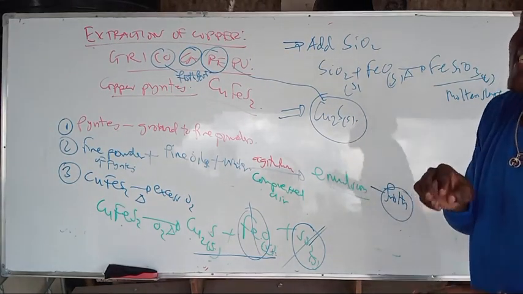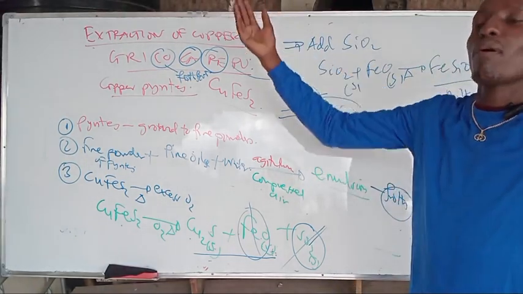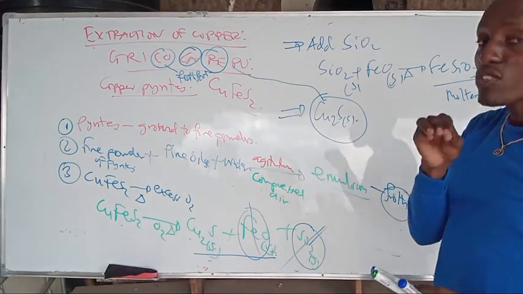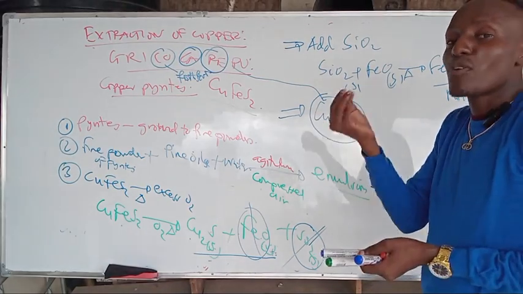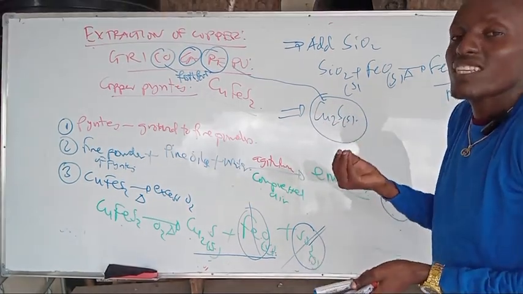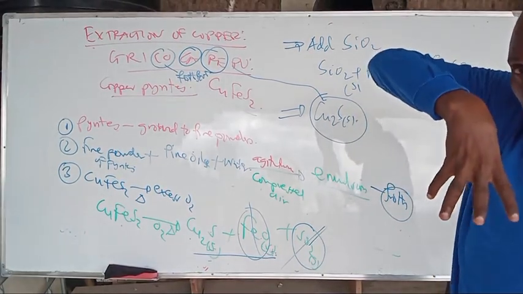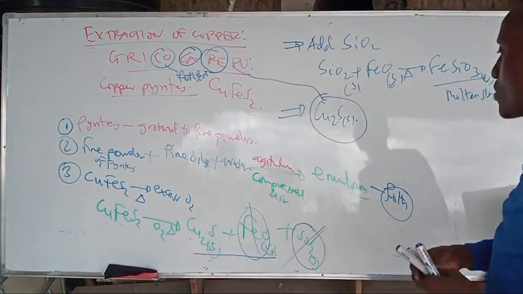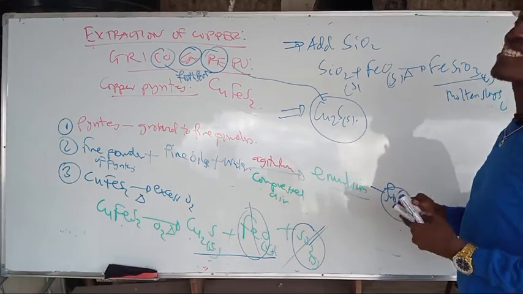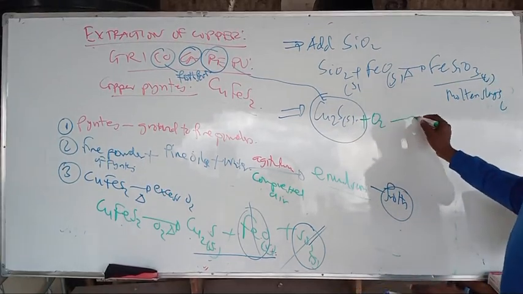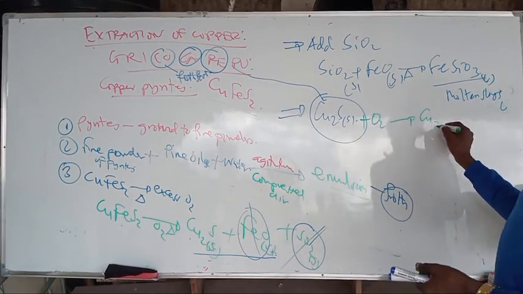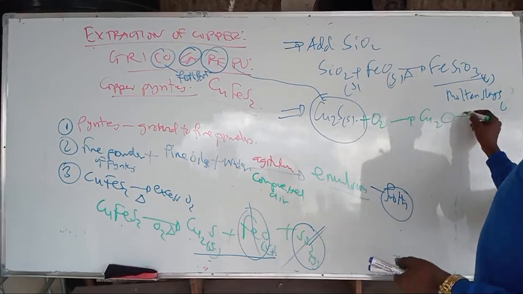The copper(I) oxide is then used to reduce the whole amount of copper(I) sulfide. So a part of the copper(I) sulfide is burned to produce a product that is used to reduce the other remaining parts. How is the self-reduction done? By burning it in oxygen, we form copper(I) oxide and sulfur dioxide.